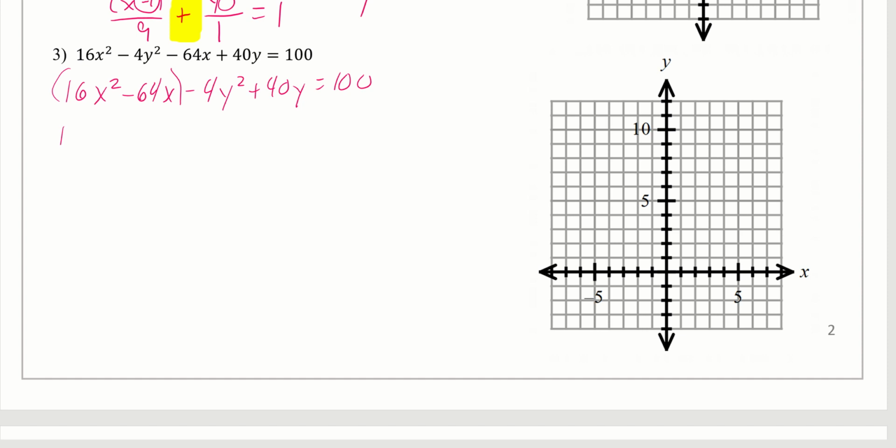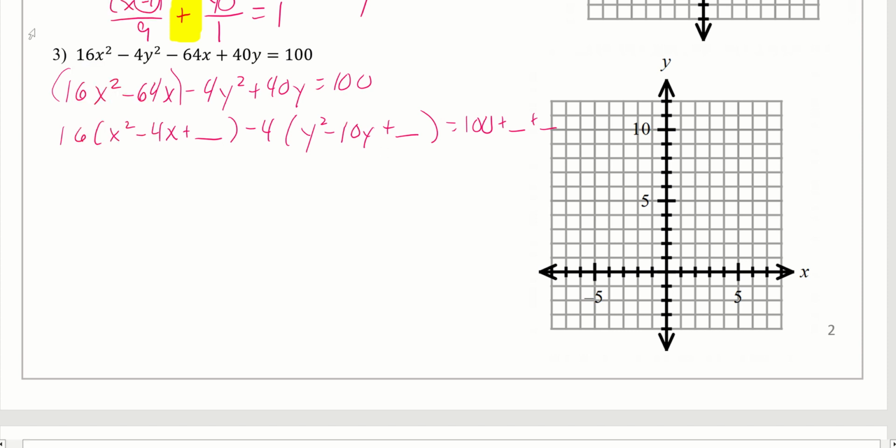So we'll take out the 16 here, and this leaves me with x squared minus 4x plus something, minus 4, because I'm taking out that GCF, which is y squared now, minus 10y plus something, is equal to 100. Now this time I added two things to the left-hand side, so I need to add two things to the right-hand side.